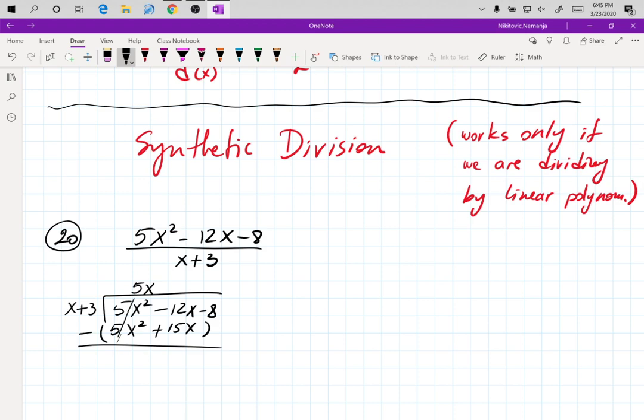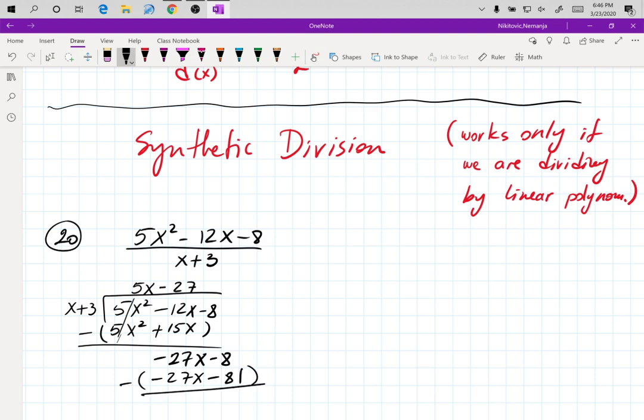Minus 12 minus 15 is minus 27x. And then we have minus 8. And then x goes into minus 27x minus 27 times. Minus 27 times x is minus 27x minus 81.